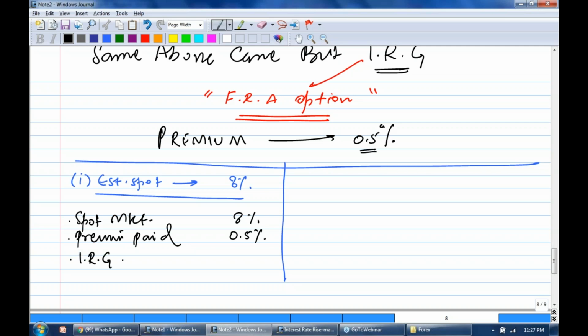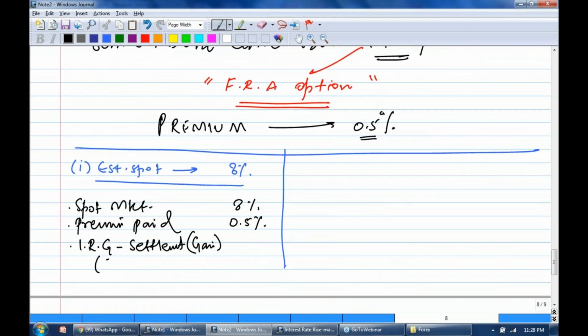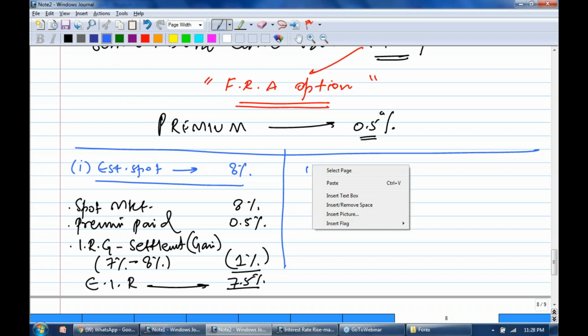Interest rate guarantee settlement is only for gain. You bet on 7%, minus 8%. That means 1% is the gain, and the effective interest rate will be 8 plus 0.5 minus 1, 7.5%.